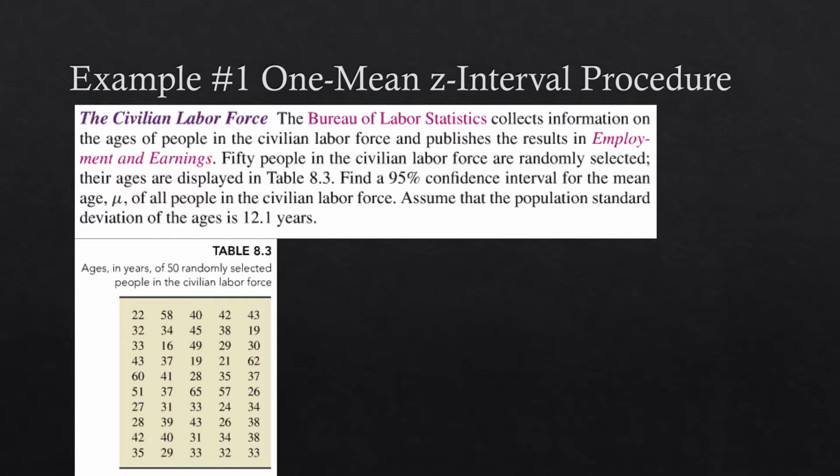Based on our last slide, we can use the z-interval without restriction unless there is a major outlier, so outliers is what we'll have to be looking for. Find a 95% confidence interval for the mean age of all people in the civilian labor force. Assume that the population standard deviation is 12.1.